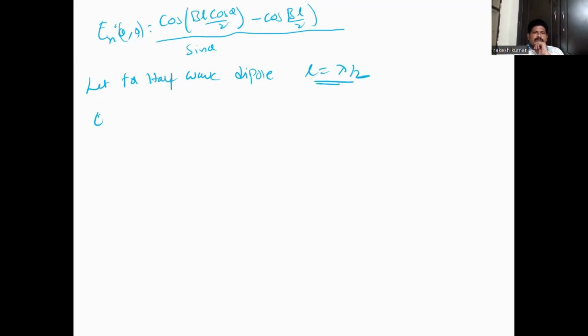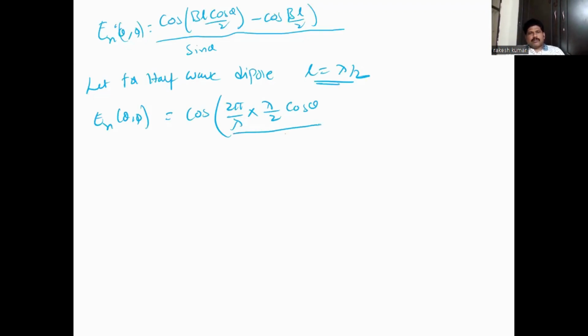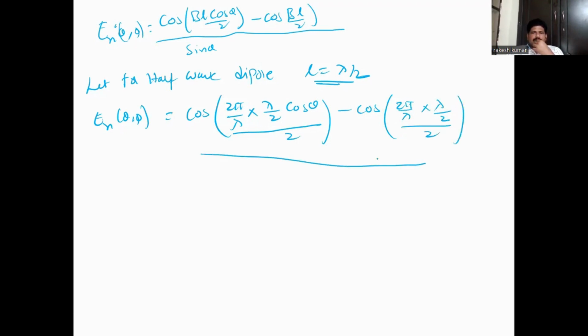So simply substitute: En of theta comma phi is equal to cos of, what is the value of beta? It is 2 pi by lambda, and the value of L is lambda by 2, cos theta by 2, minus cos of 2 pi by lambda into lambda by 2 by 2, by sin theta.